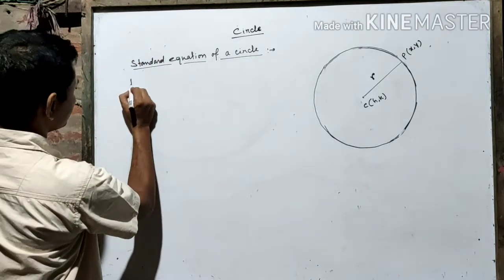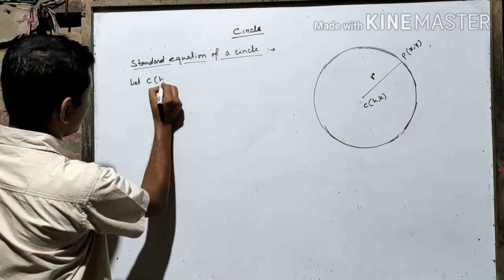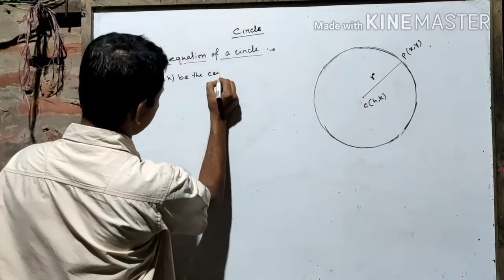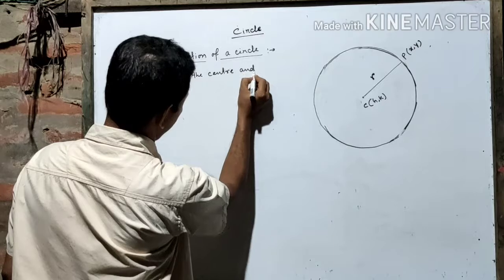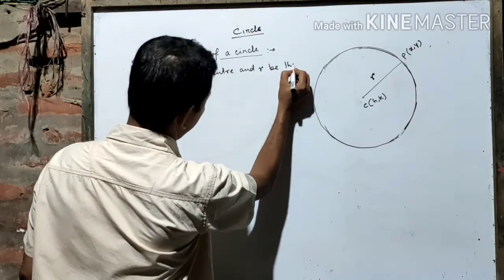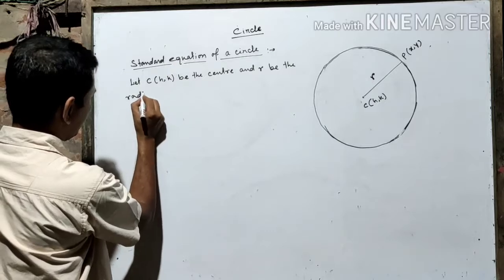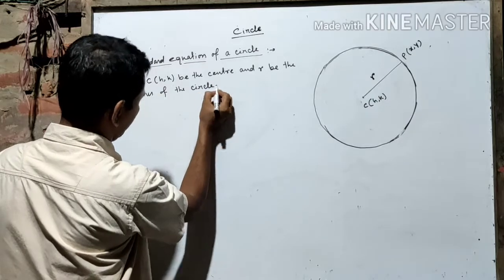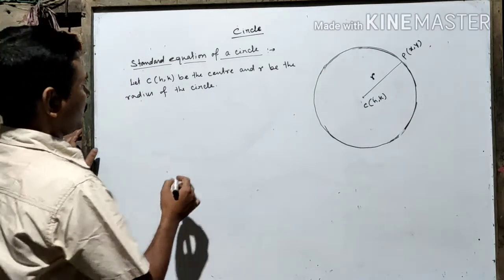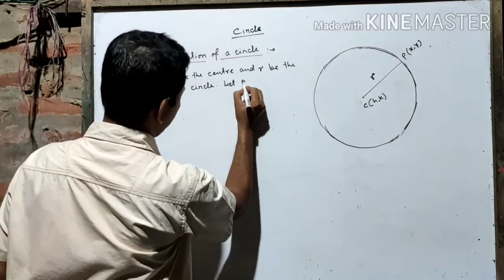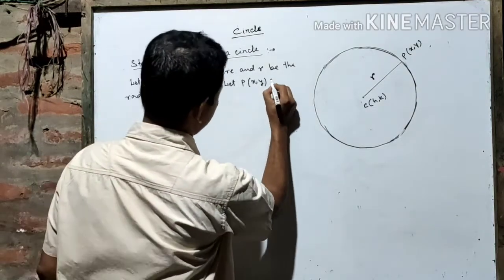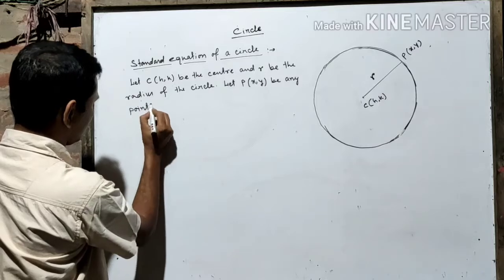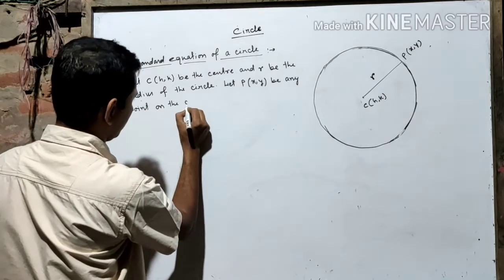Let C(h, k) be the center and r be the radius of the circle. Let P(x, y) be any point on the circle.